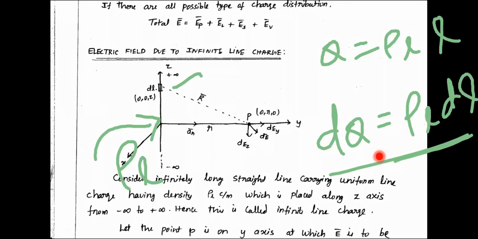Then we try to measure what the electric field is here due to this small charge. Since I have taken a small charge out of the infinite length of line, that small charge can be considered as a point charge.